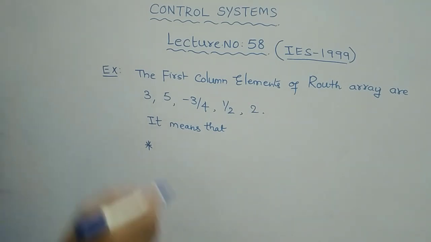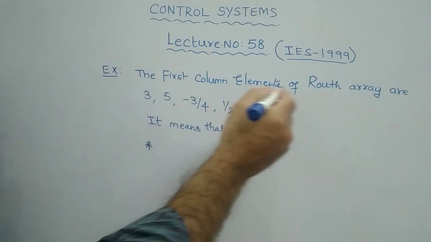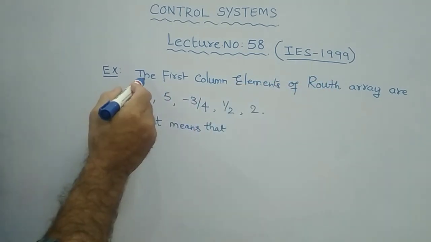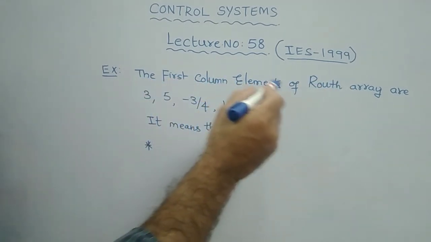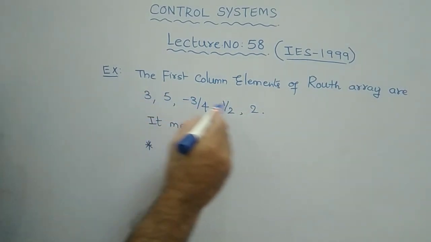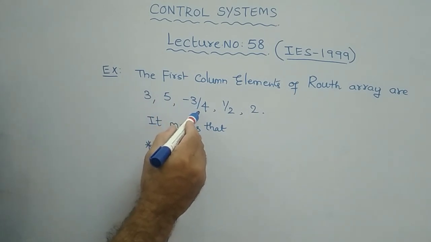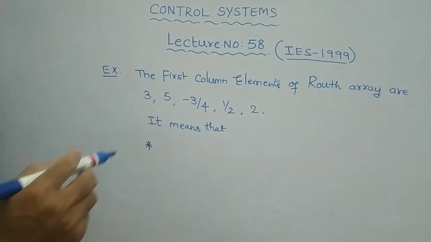In this example, the first column elements of the Routh array are given as 3, 5, minus 3 by 4, 1 by 2 and 2.